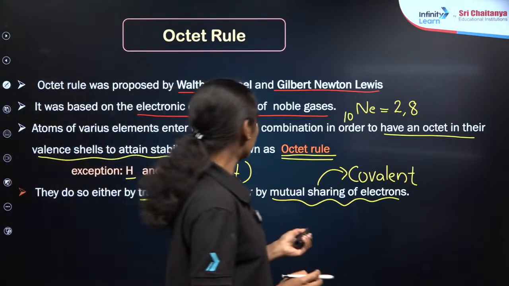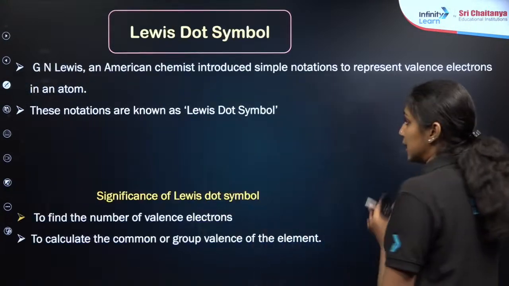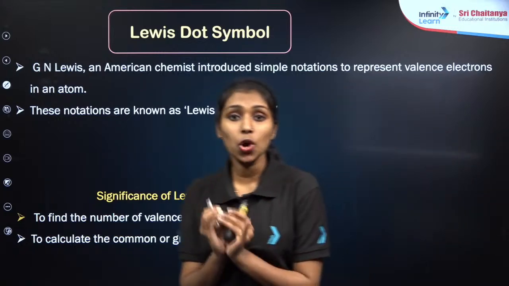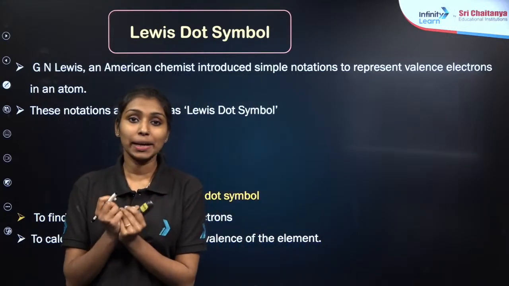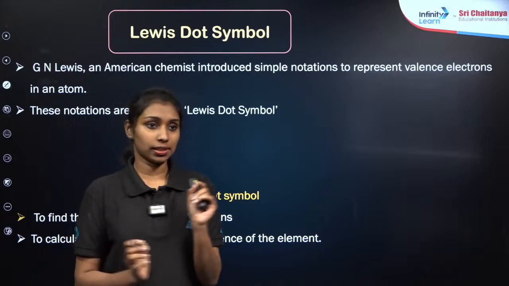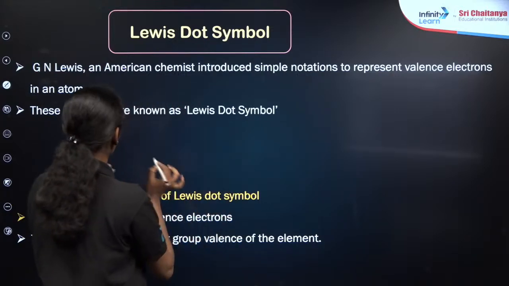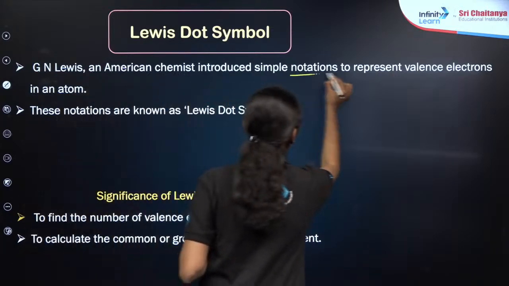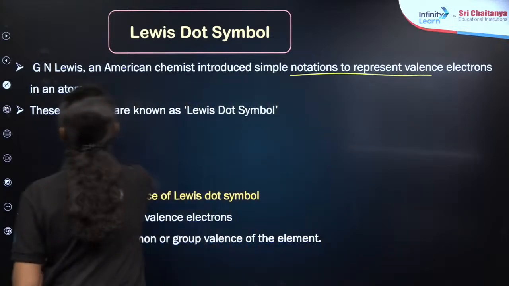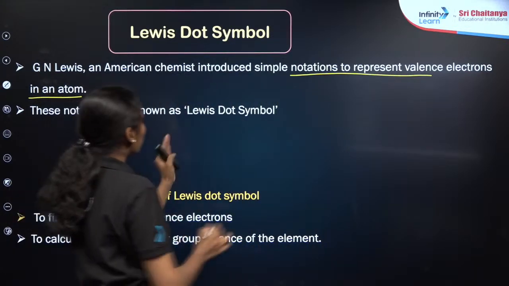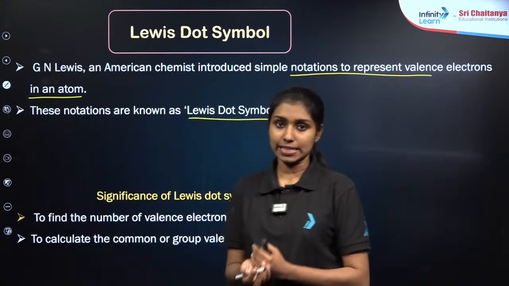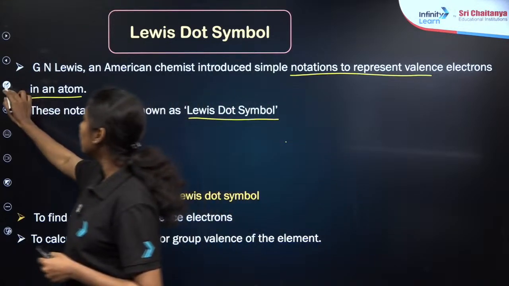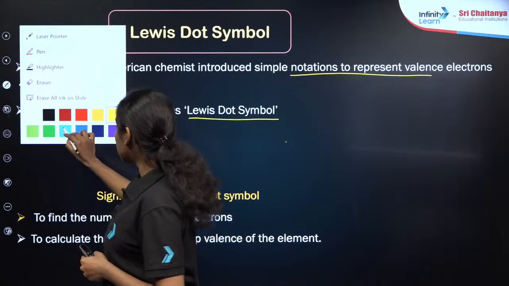Now let me move to the next topic, that is the Lewis dot symbol. Lewis also proposed that an atom can be represented by its valence electrons as dots. That is known as the Lewis dot symbol. It is a simple notation to represent the valence electrons in an atom. If I take any atom, we can represent its valence electrons by dot symbols.